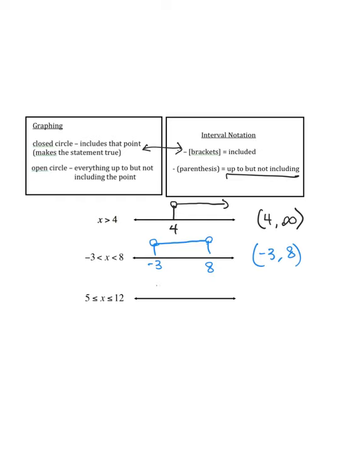All right, ladies and gentlemen, I got a 5 and a 12. Those are my boundary points. Closed circles because they're both included. Everything in between, 5 to 12. Questions, problems?